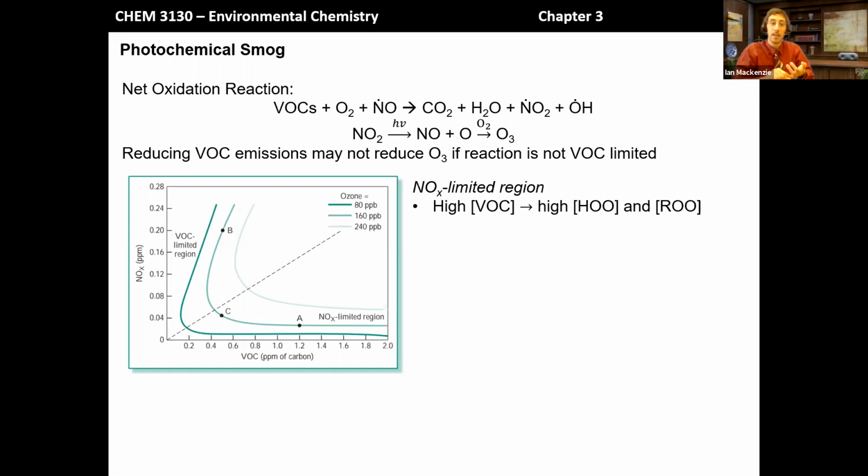And especially if we're limited by the NOx concentration, these radicals serve to keep the nitric oxide concentration low, because as soon as any nitric oxide is formed, it's immediately reacted with this high peroxy radical concentration to form NO2 and hydroxyl radical, which then goes back and reacts with VOCs. Now, what falls out is that the free nitric oxide concentration is very low and hence limits the overall rate of the reaction.